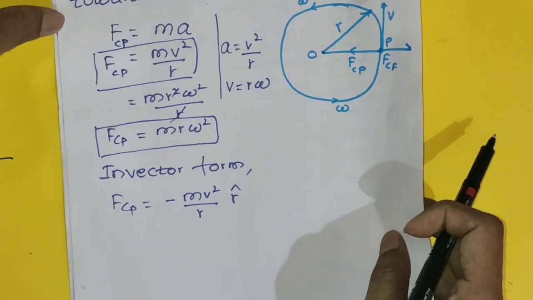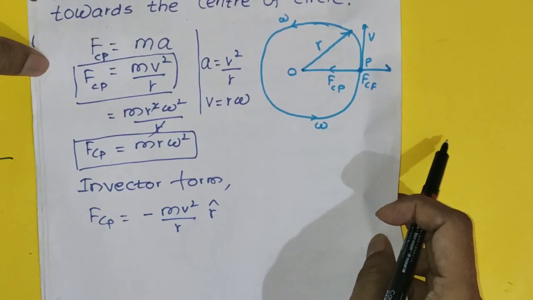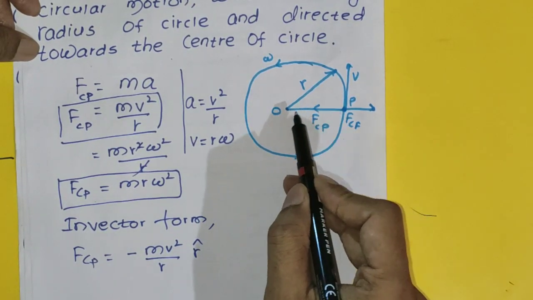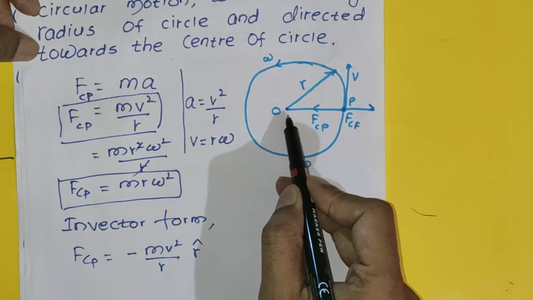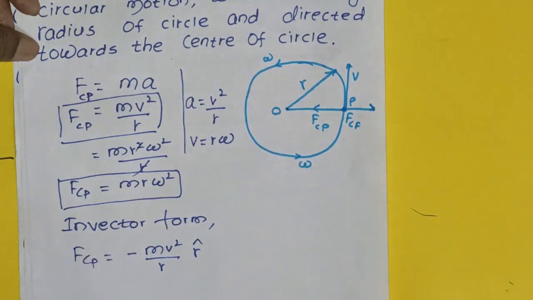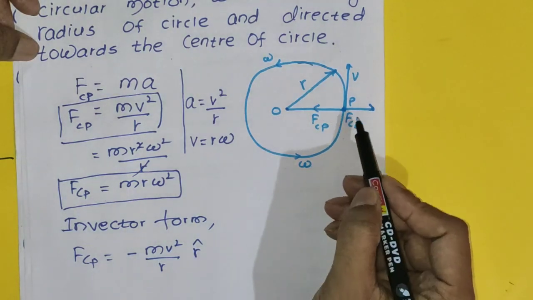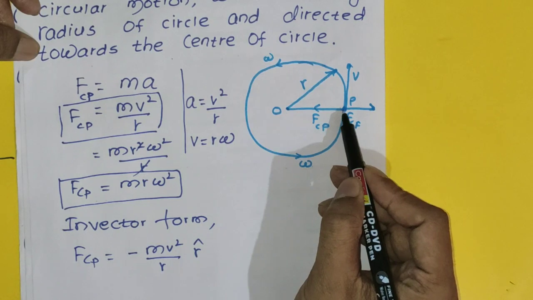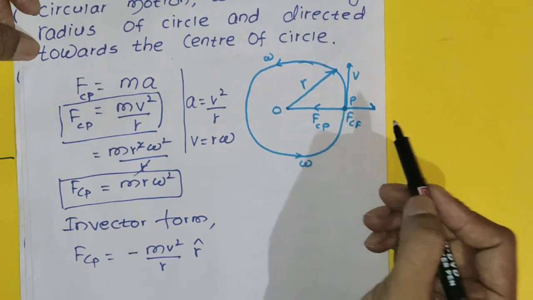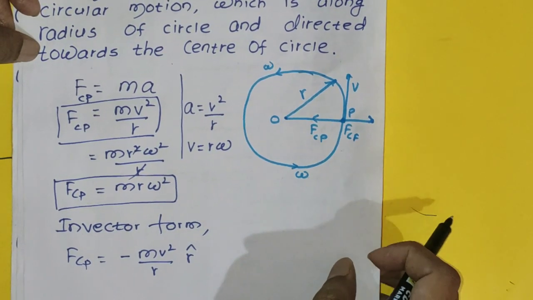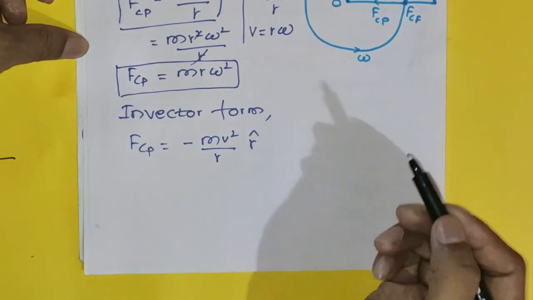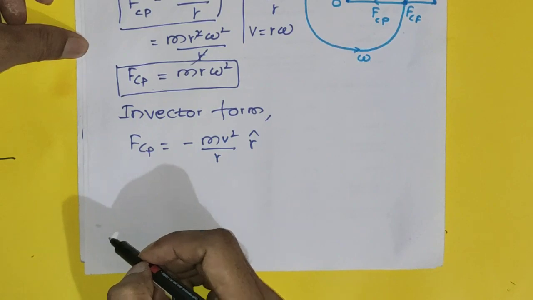The reason for the negative sign is that the centripetal force is directed toward the center of the circle. Another reason is that the direction of centripetal force and radius vector is opposite. Therefore there is a negative sign. And r cap is the unit vector along the radius vector.